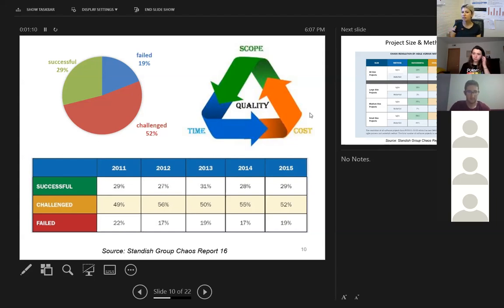A failed project is failed. The sponsor says no more money, done. But a challenged project could have the same shortcomings, could be very similar to a failed project, but it is kept alive. Why? Why do sponsors still pour money into a project that's not delivering?